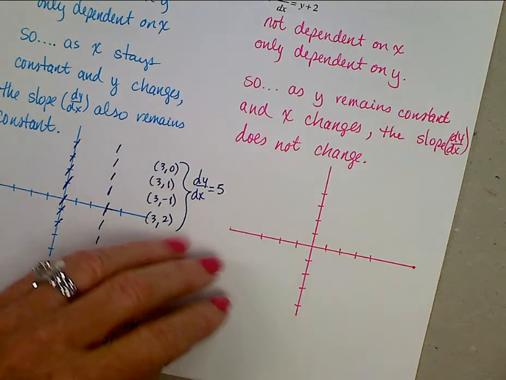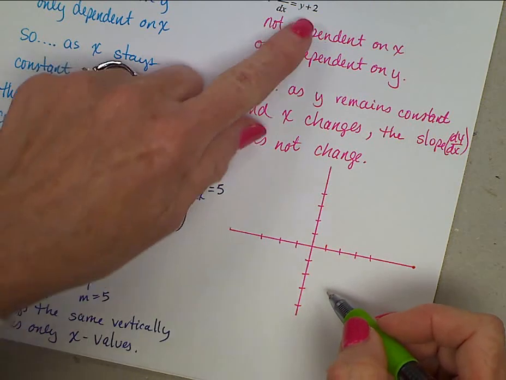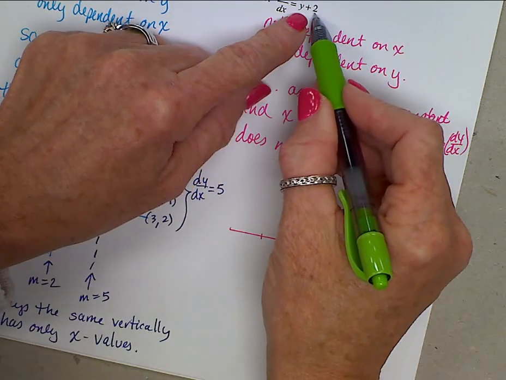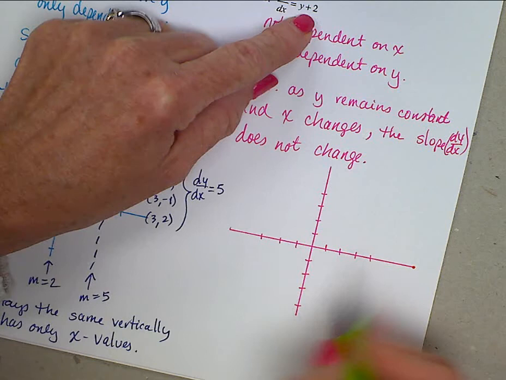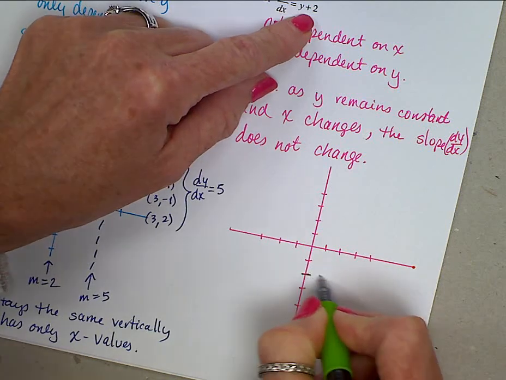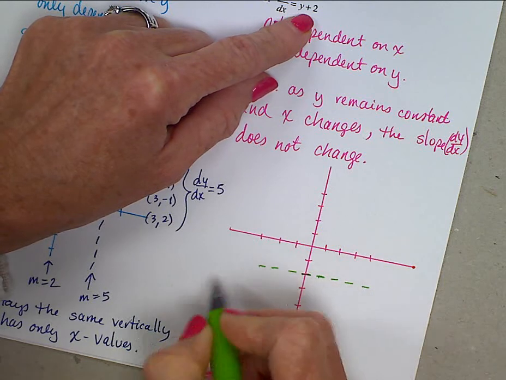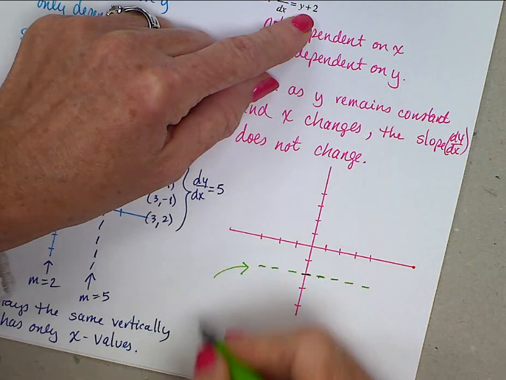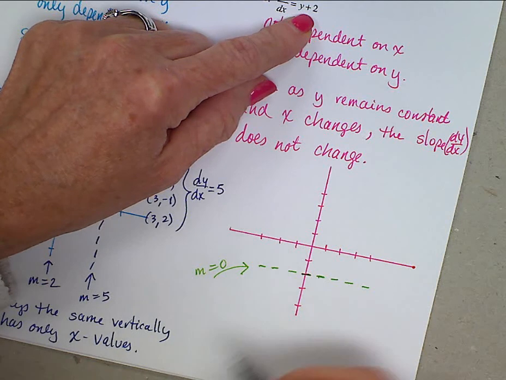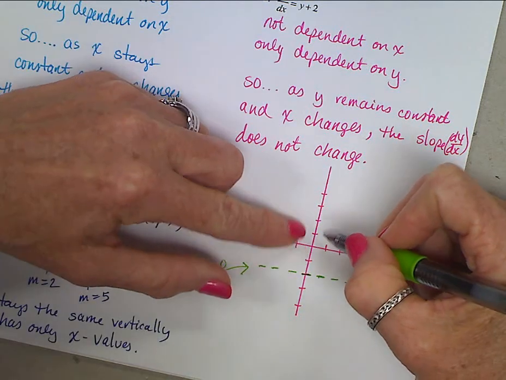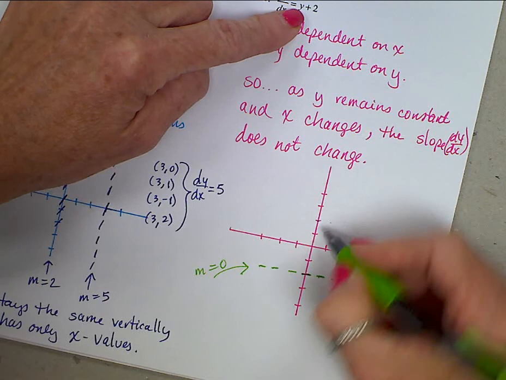Just generating some slopes. Let's just do this one, because if y is equal to negative 2, then those slopes will all be 0. So at y equals negative 2, we have a bunch of horizontal tangents here. All these guys right here are occurring when y is equal to negative 2. What about if y is equal to 2? If y is equal to 2, regardless of what x is, the slope will always be 4.